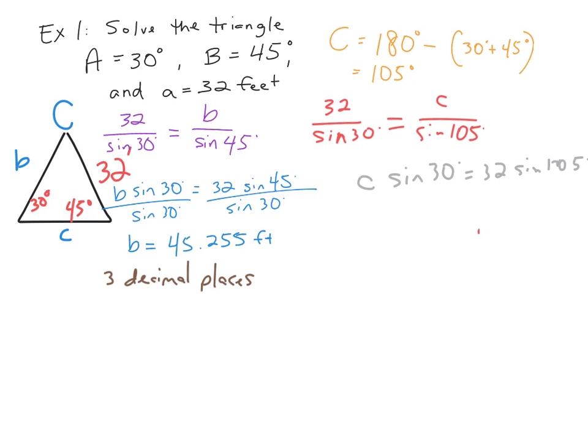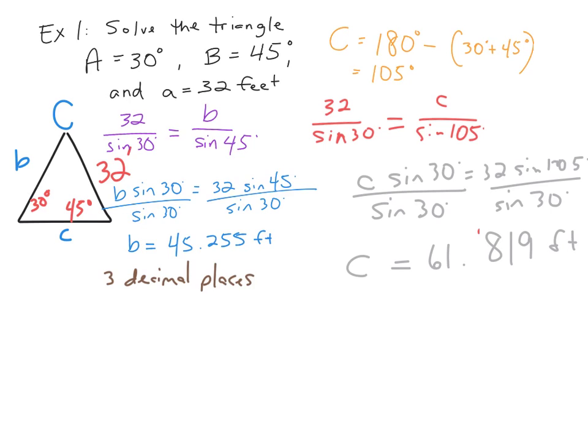And then divide by sine 30 again, in this case. And that's going to allow us to find side C. Type that into your calculators: 32 times the sine of 105, make sure your calculator's in degrees mode, of course, divided by the sine of 30, and we would get 61.819 feet as the result.